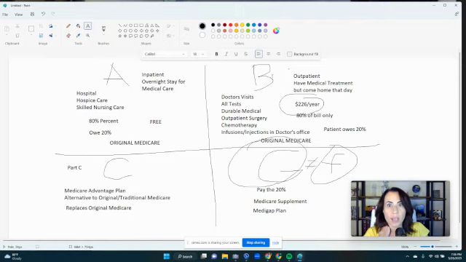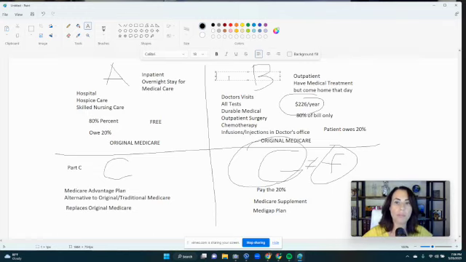Now, let me take a step back. Part B, as in boy, does cost everybody. No matter if you keep original Medicare and you enroll in Plan G, or if you decide to go with a Medicare Advantage plan, unless you qualify based on income, you pay this premium. There are low-income Americans that don't pay it, but most middle Americans do pay this premium per month.